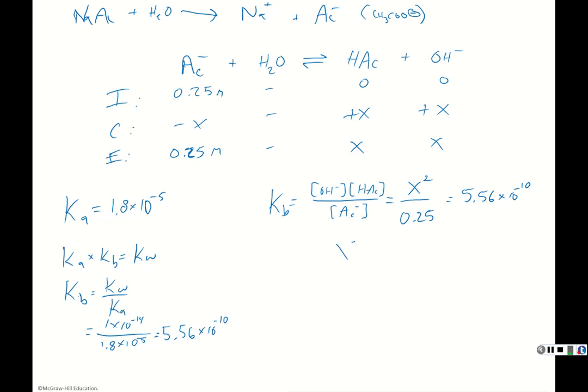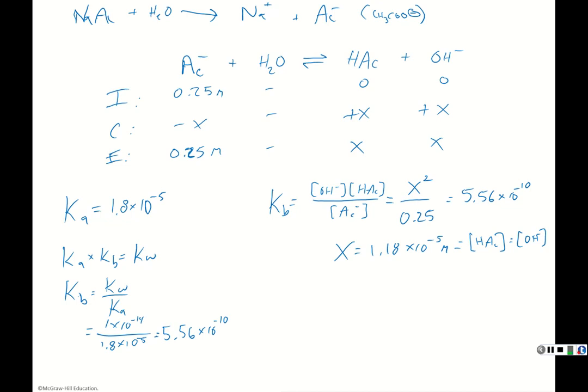So do the math there, and X is going to be 1.18 times 10 to the minus 5 molar. Right, so what is X? Well, X is going to be the concentration of HAC. It's also the concentration, more importantly, of OH minus in this equilibrium.